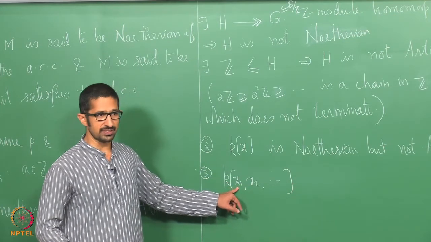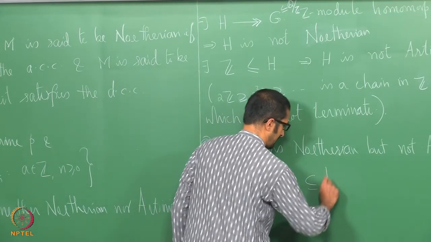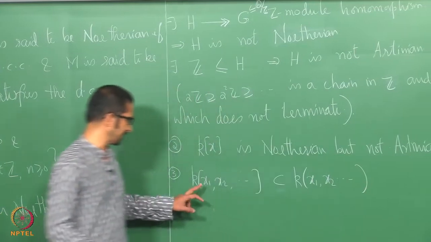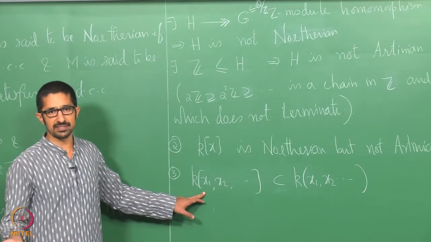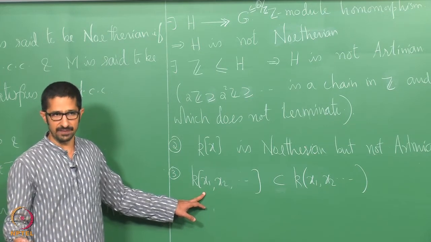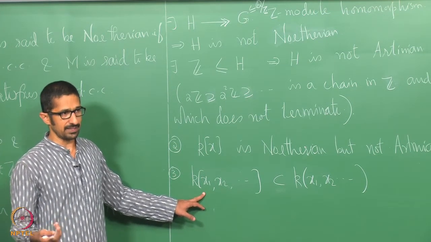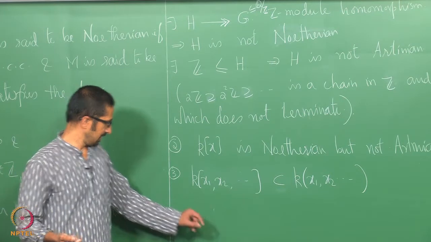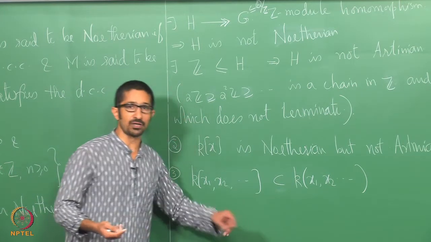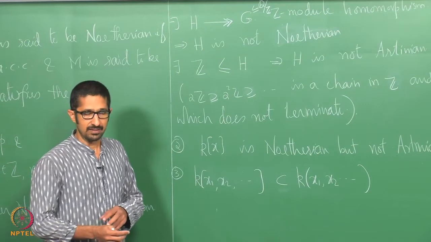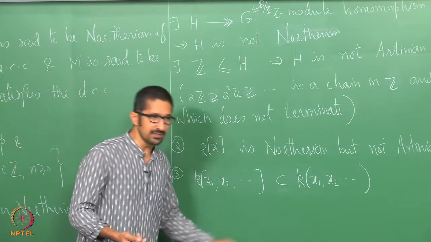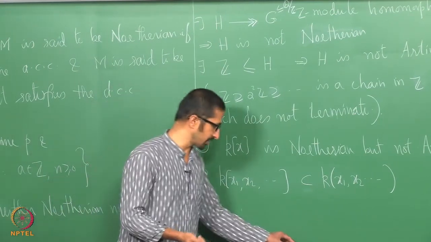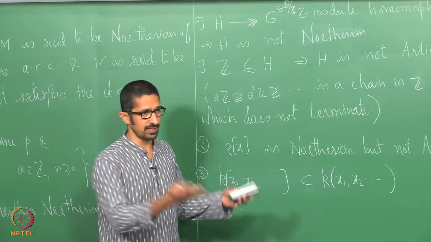So, therefore, this is not Noetherian, but if you look at the fraction field of this ring, any field is Noetherian because there is only one proper ideal, which is 0. If you collect all submodules there are only two, the whole ring and 0 itself.